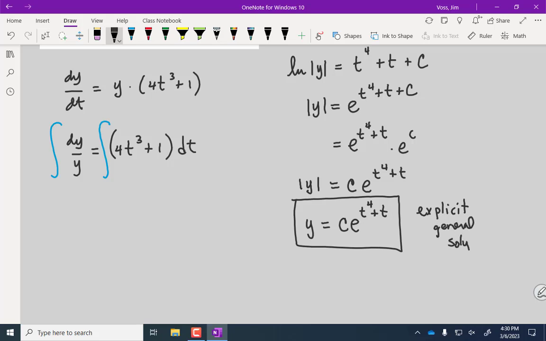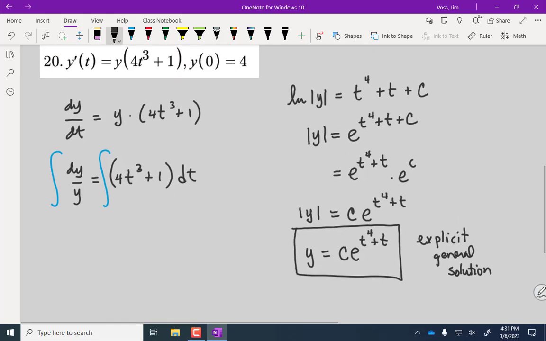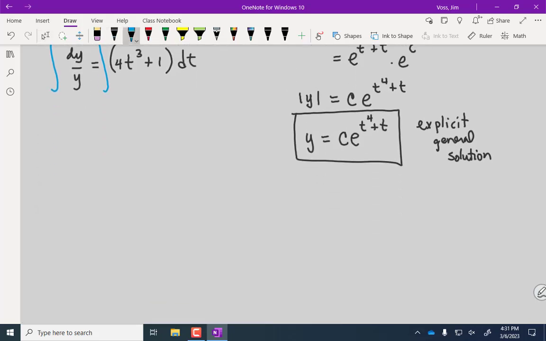Why don't we need to plug in the y value? That's next. We're getting there. Usually you're going to be asked to find the general explicit solution first, and now we want to find the particular. So that's next. y of 0 is 4. So 4 equals c e to the 0. c equals 4.